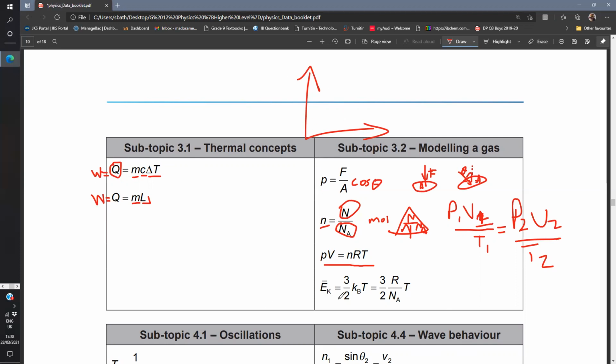Okay, and this moves us on to the last formula. However, before we do that, I'm just going to derive this real quick from this equation to show you how it's applicable. So basically, if you have this, this will give you a constant. So PV over T is equal to a constant.